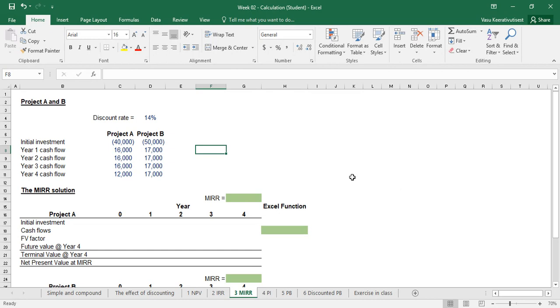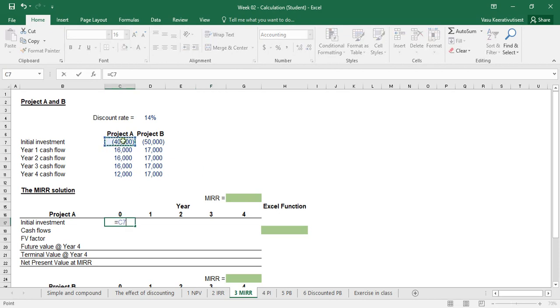So in terms of MIRR, as we discussed before, it means that we try to find the terminal value by compounding the future cash flow to the end of the project timeline, and then use that terminal value to find the discount rate that brings net present value to zero. So MIRR is like a two-step calculation. Let's see how it works out with project A and project B in our case.